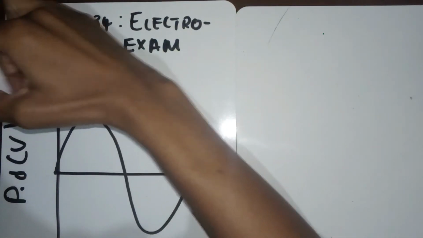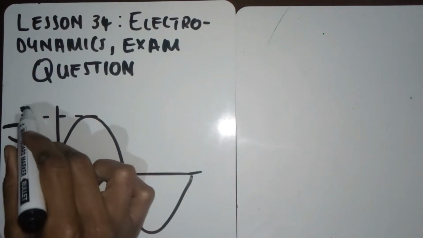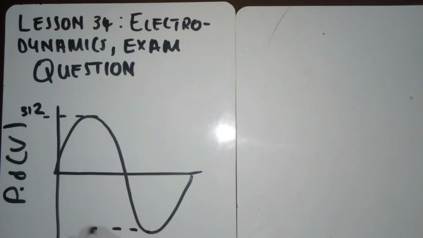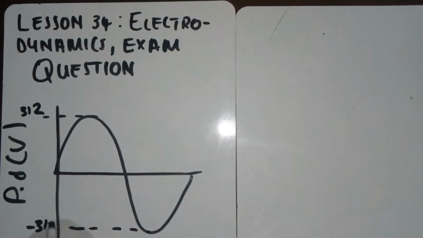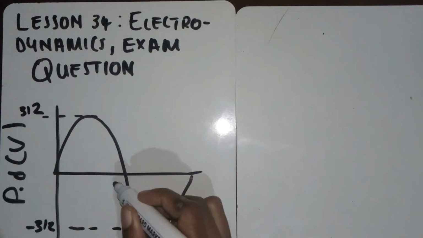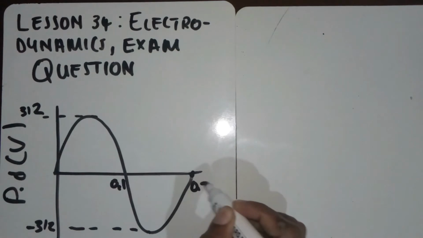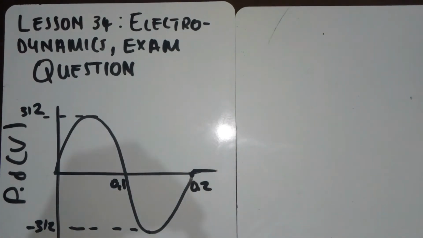On this side we have potential difference, measured in volts, and the peak value there is 312, and then the minimum value would be minus 312 volts. And then we are given the time. Here we have 0.1, and here we would have 0.2.